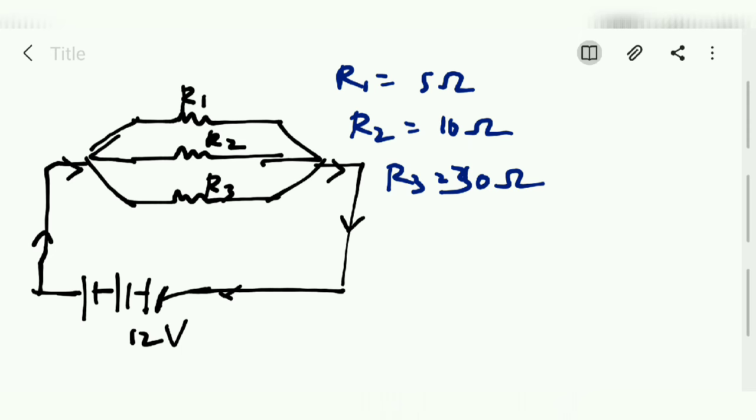Now the question goes like this: in the circuit diagram, R1, R2, R3 are 5, 10 and 30 ohms respectively, connected to a 12 volt battery, and the current I passes through it.